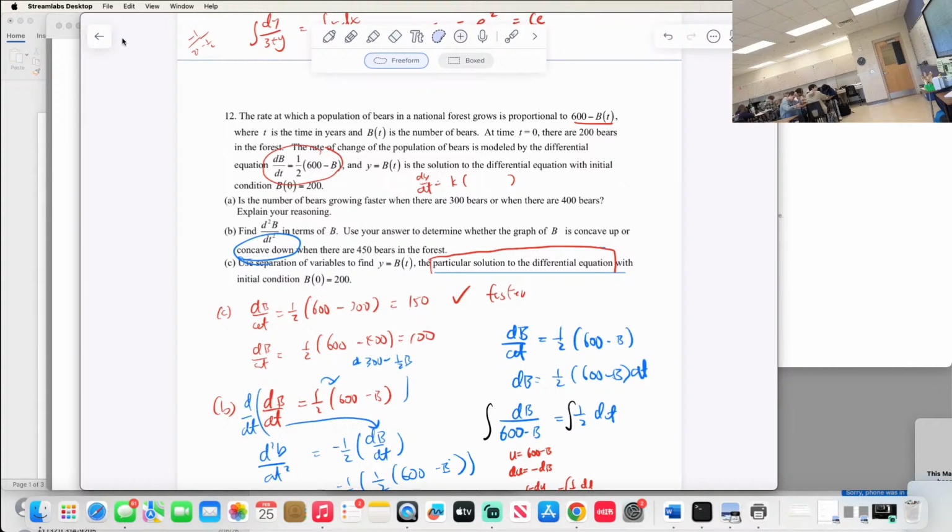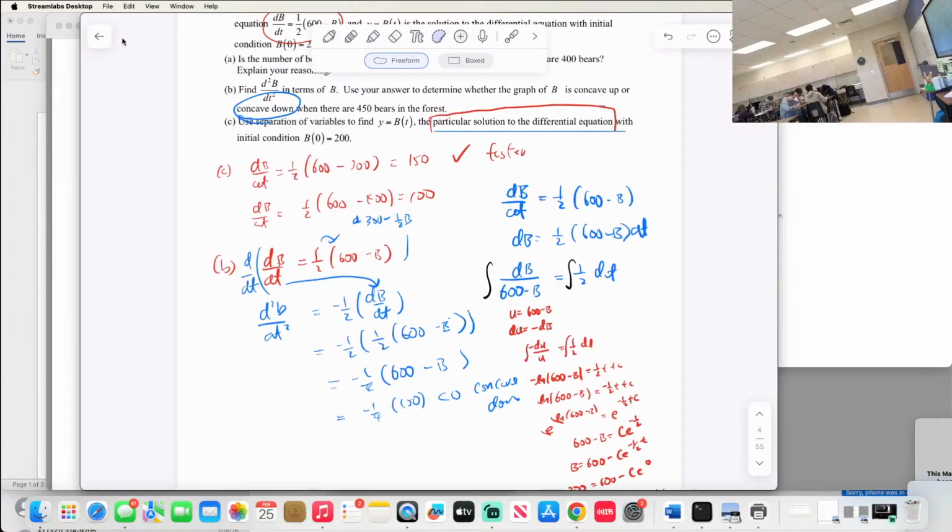Here I distribute, right? If I take a derivative, this is a negative 1/2 b, right? What's the derivative of negative 1/2 b? It'd be negative 1/2 dv/dt, right? That's how you get negative 1/2.